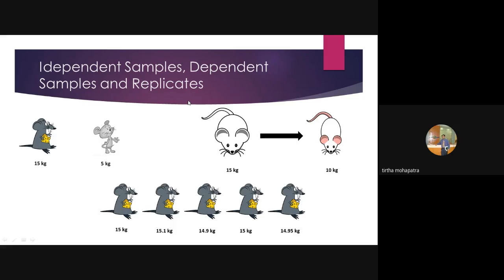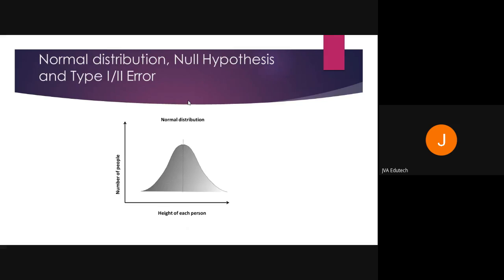So this is the normal distribution curve. I hope you are aware of this. This normal distribution shows, see, I am taking height. So this line in the center shows that few of the people are short, few of the people are tall, but the average are having normal heights.